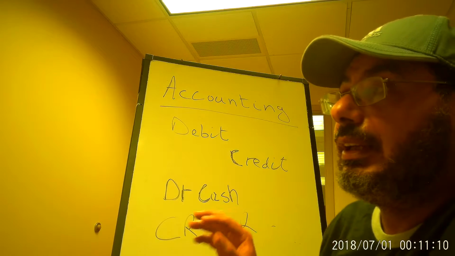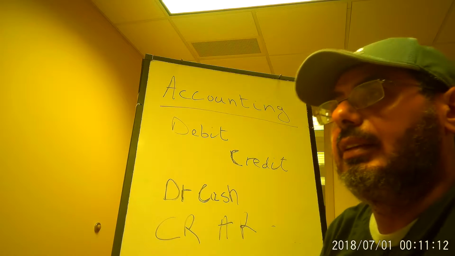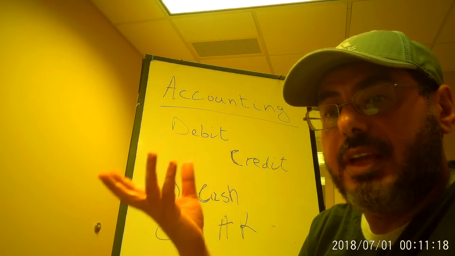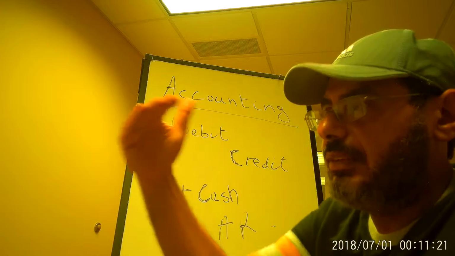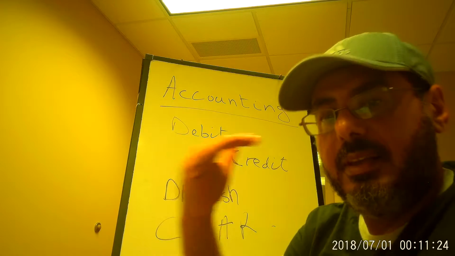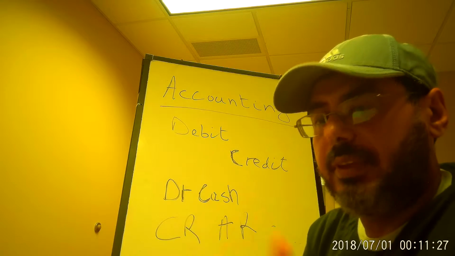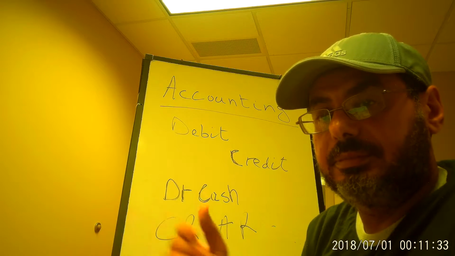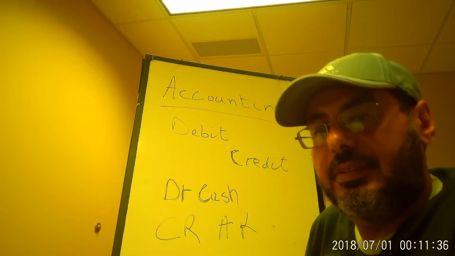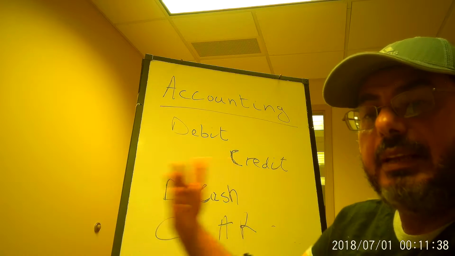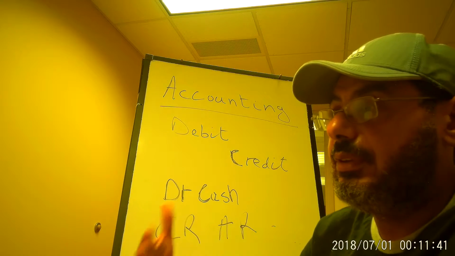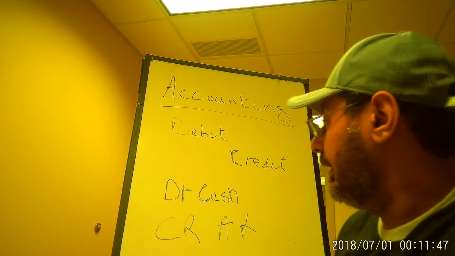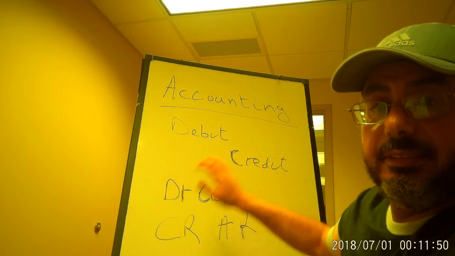A lot of people think that, let's say you're using QuickBooks and entering information on a check, you enter the vendor in the payee, the vendor name and the amount, and then you select the expense. This is it. Well, yes, it is. But in the background of the system, if you looked at the reports, like the General Ledger report, it's going to show you as a debit and credit.